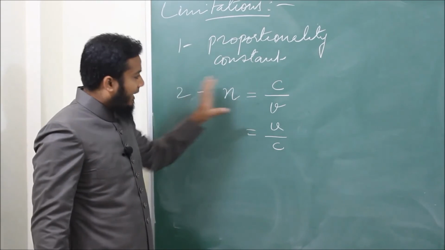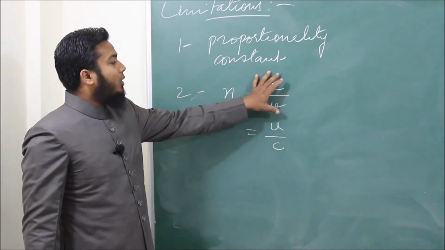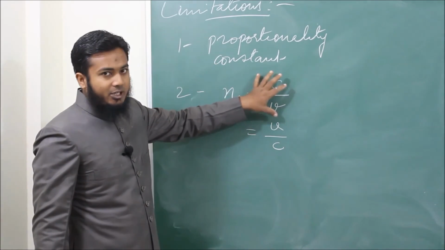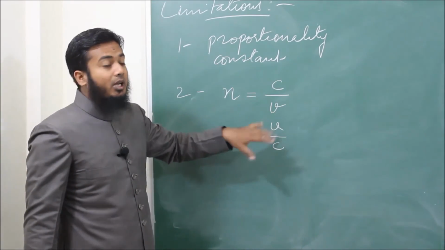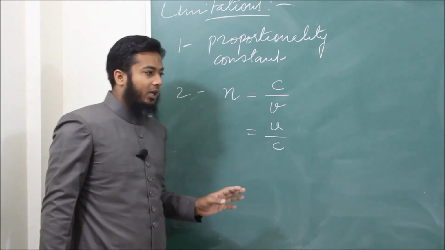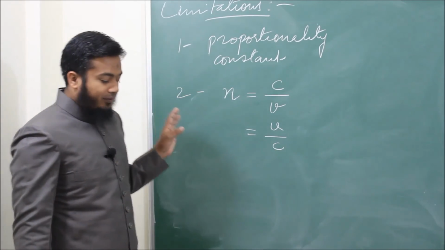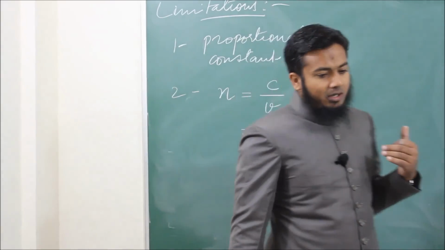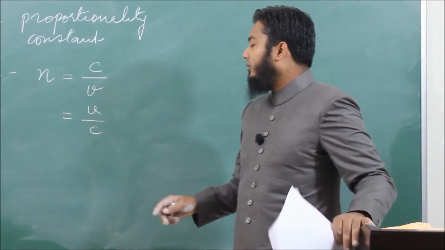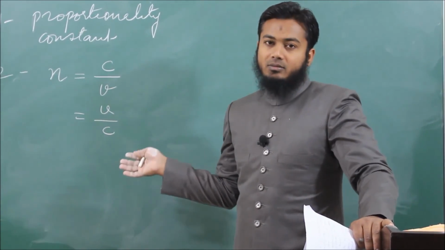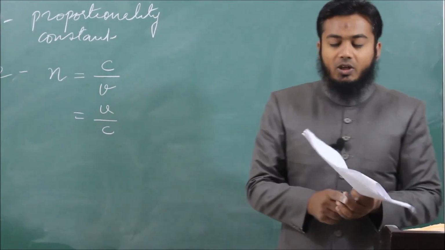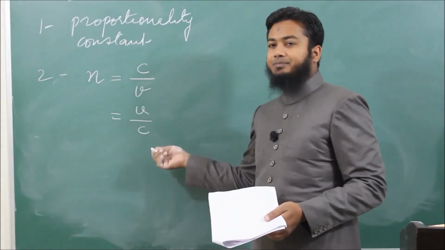So if we try to calculate this expression, we will get that it is a ratio of C and V, but what is the order, which is in the denominator and which is in the numerator, we cannot calculate. So if we are calculating a formula for a dimensionless quantity, we will not be able to find the order of quantities, which one is appearing in the numerator and which one in the denominator, because these two are the same.